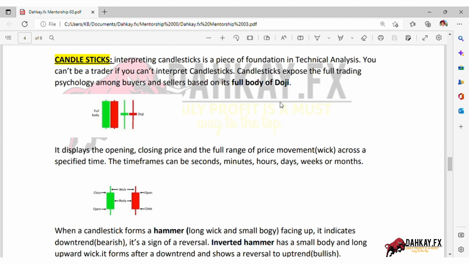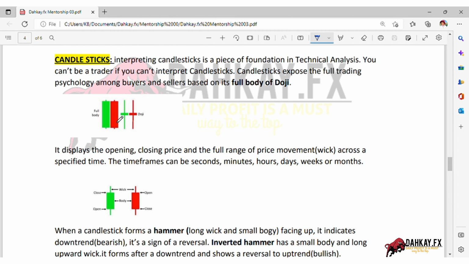So candlesticks expose the full trading psychology among buyers and sellers based on its full body or doji. So what is the meaning of that? As you can see, guys, on this attached picture, we have two types of candlesticks, the green candlestick and a red candlestick.